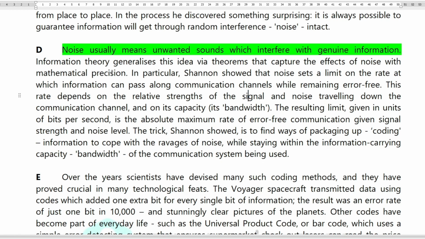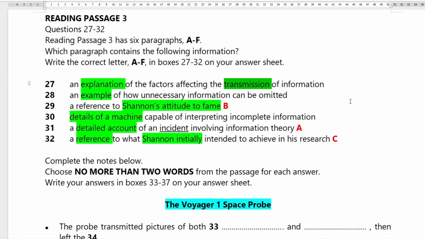Information theory generalizes this idea via theorems that capture the effects of noise with mathematical precision. In particular, Shannon showed that noise sets a limit on the rate at which information can pass along. Pass along is another way of saying transmission. Pass along communication channels while remaining error-free. So I think that's 27, it is going to be paragraph B.